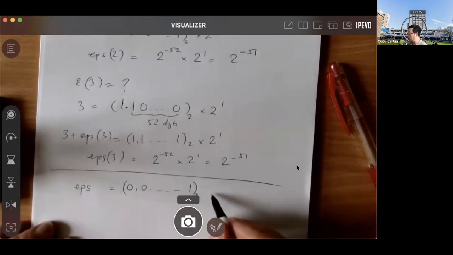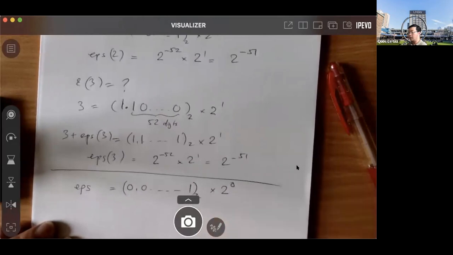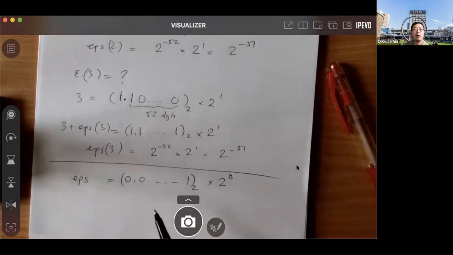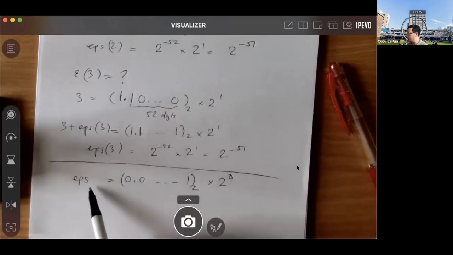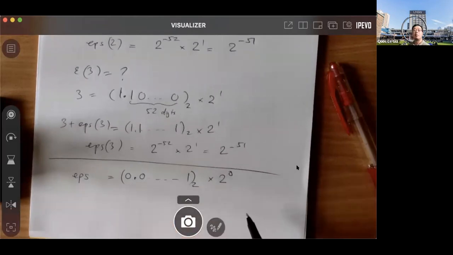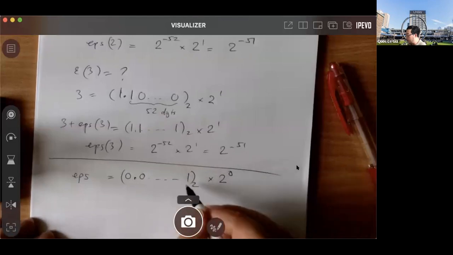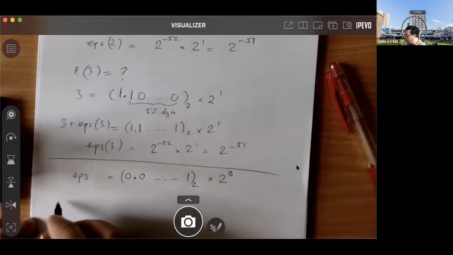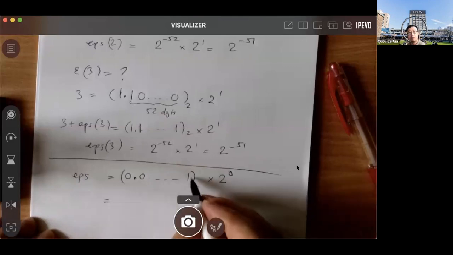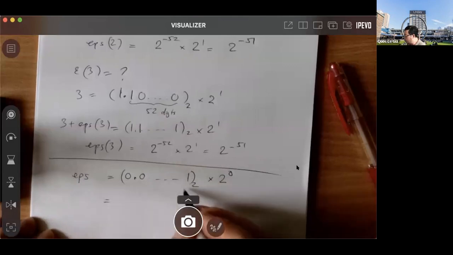Okay, so this is the binary representation of epsilon. Then what is the next digit right after? Well, you have to add on, right? You have to add 1 here, and then this will become 0. So this one is 52 digits.